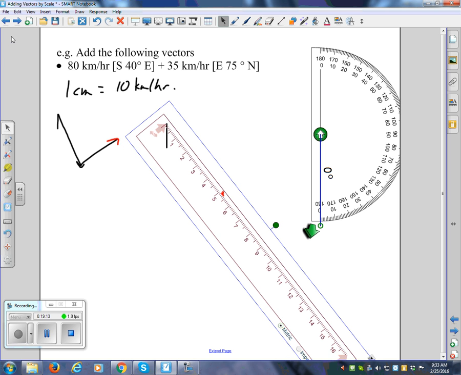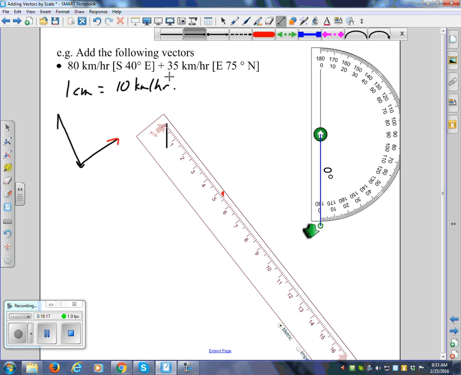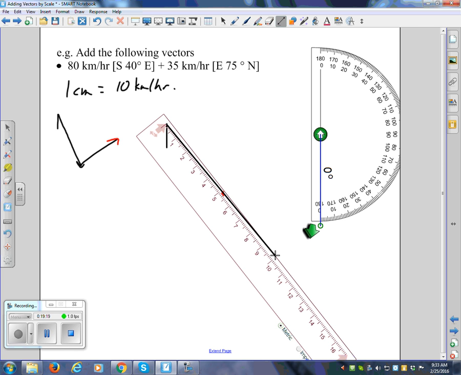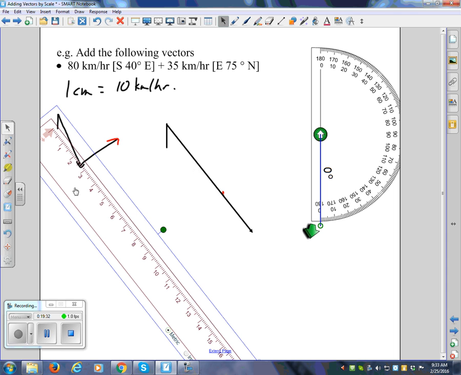Okay, 10 centimeters, right? I'm going to go all the way to 10. 8. Easy mistake to make. Use a pencil. I thought most people got that right.